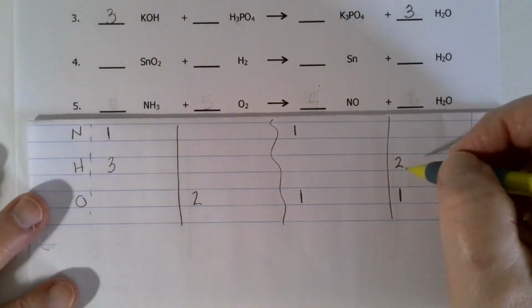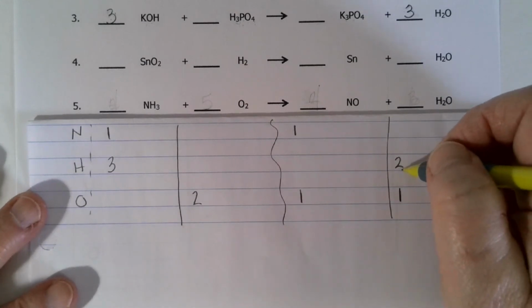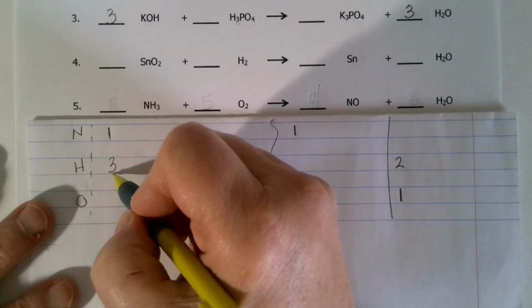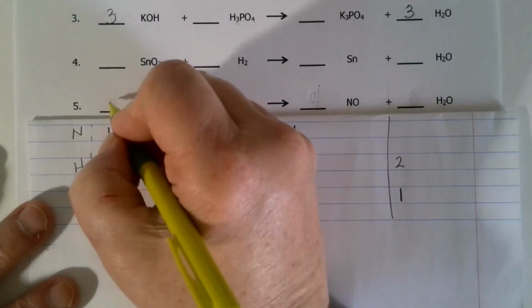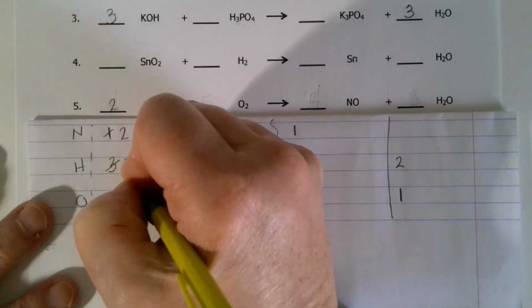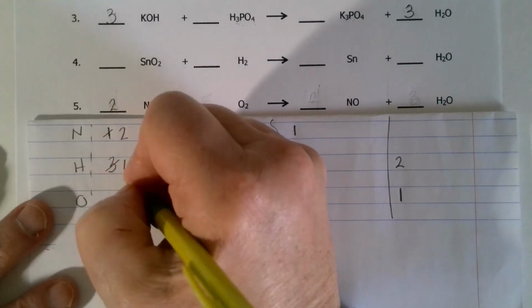So I decide, what do 2 and 3 go into? Well, 2 and 3 both go into 6. So what do I take this times to get 6? And you would say 2. Again, 2 times 1 is 2. 2 times 3 is 6.